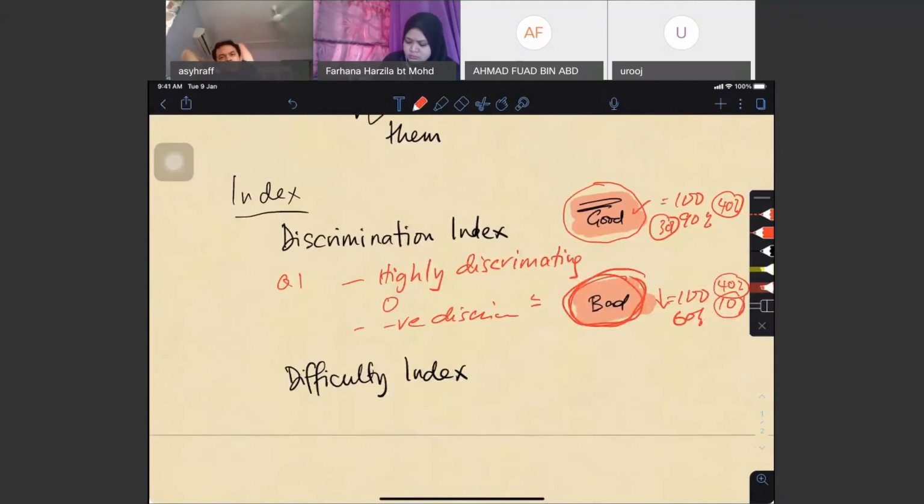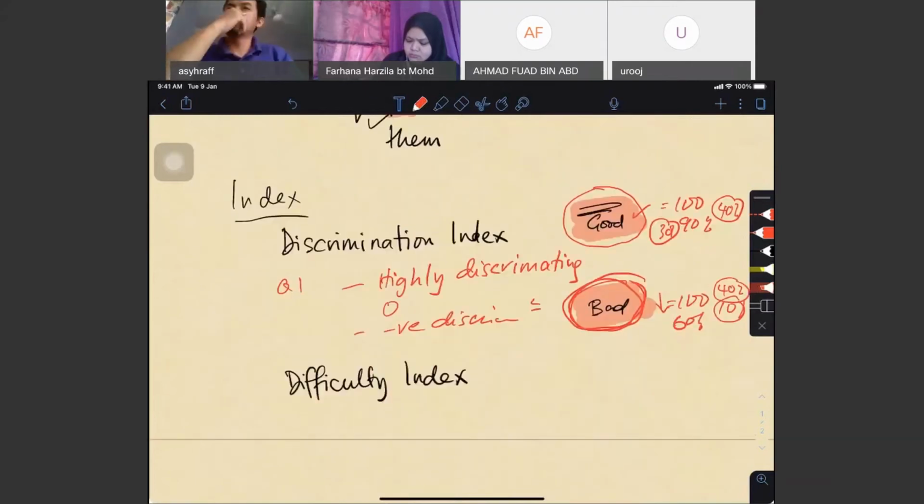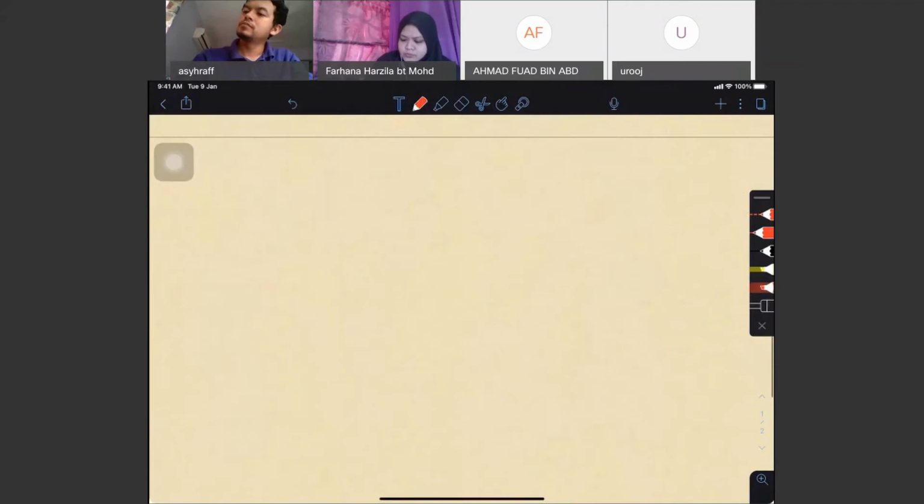In the old days, before the use of computers, they used this 27%. What they do is, let's assume there are 100 students.